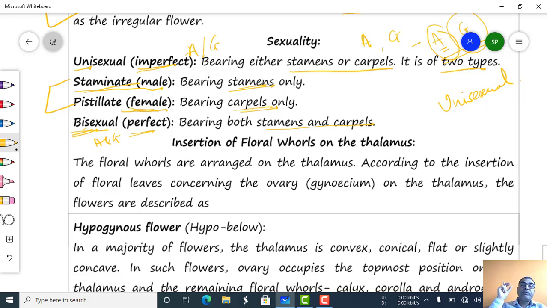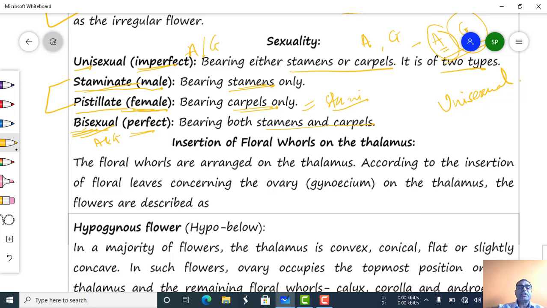That means when the flower possesses only the female reproductive organ and the whole of androecium is entirely absent, or when the androecium is not functional. In other words, here staminodes may be present. Okay, when non-functional stamens are present, then it is called a pistillate flower or female flower.